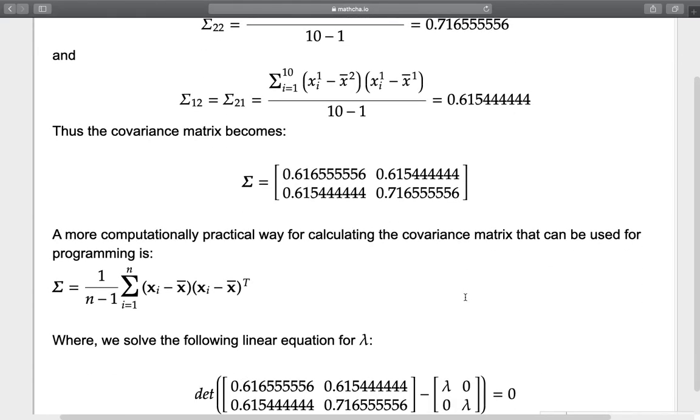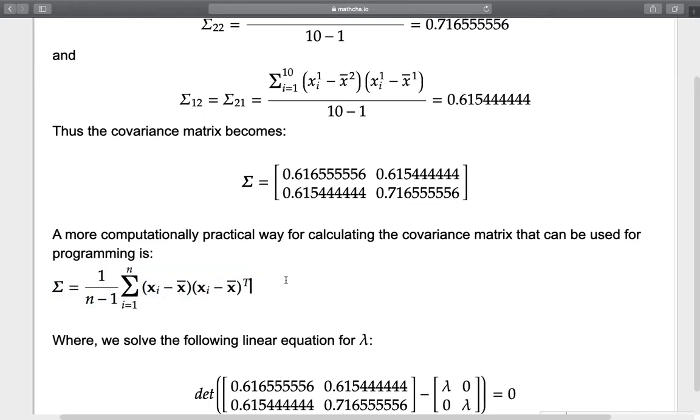After we form the covariance matrix, by the way, I presented this in order to explain how we calculate the covariance matrix by hand, but there are much better methods for programming or coding this calculation, this is one of them.